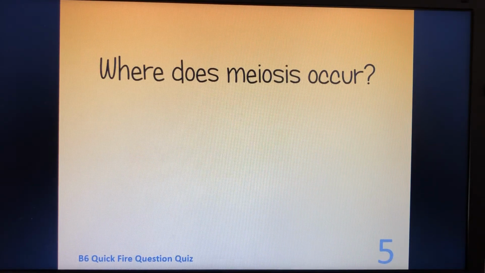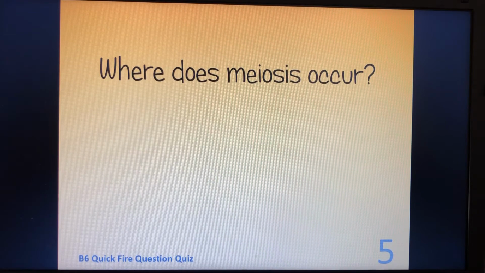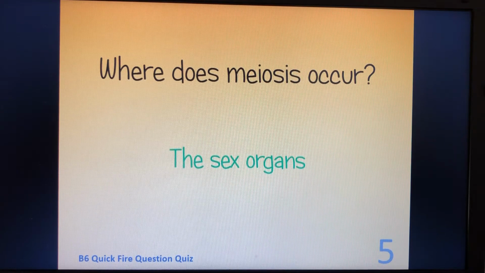Question 5. Where in the body does meiosis occur? And the answer is in the sex organs, the ovaries and the testes. Question 6.